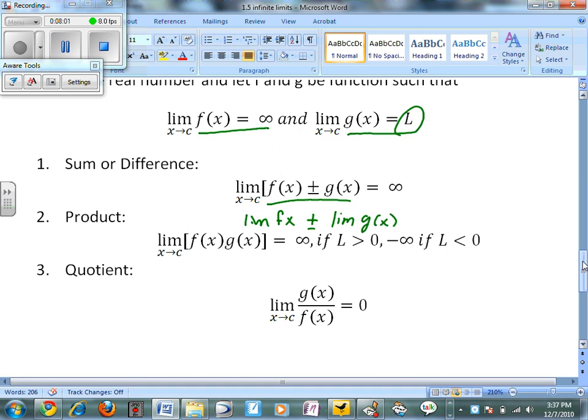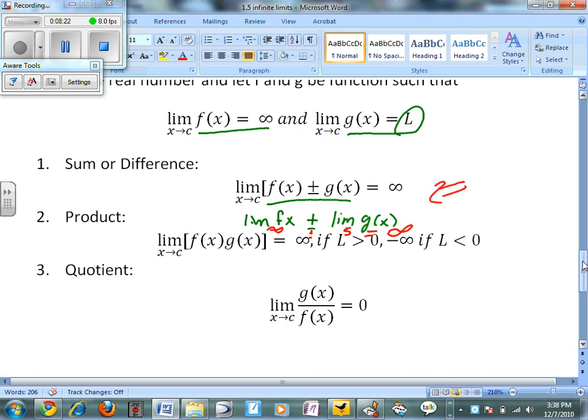Well, if the limit of f of x was infinity, we have infinity plus or minus some number we called 5. Well, 5 plus infinity, we don't know what that is. It's either infinity plus 5 more or infinity minus 5. We don't know what that is, so it's basically infinity. That's why that one's the case there.